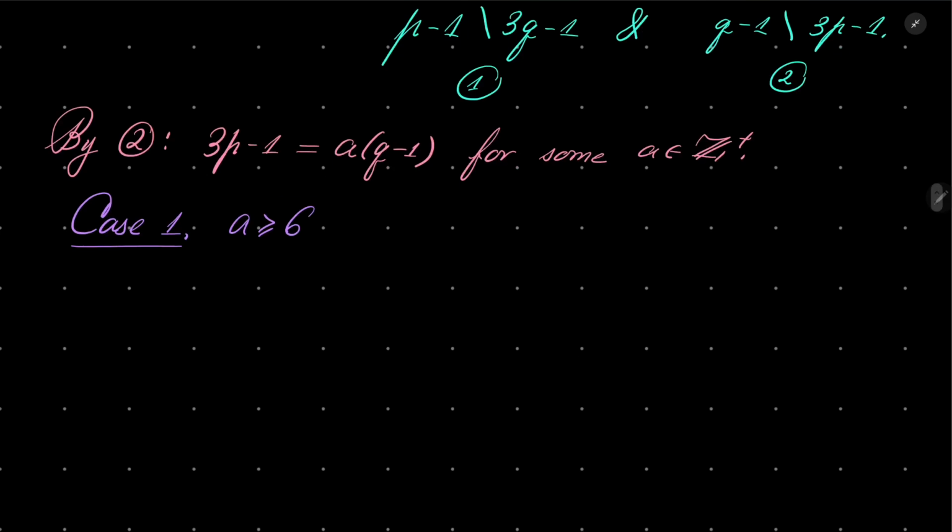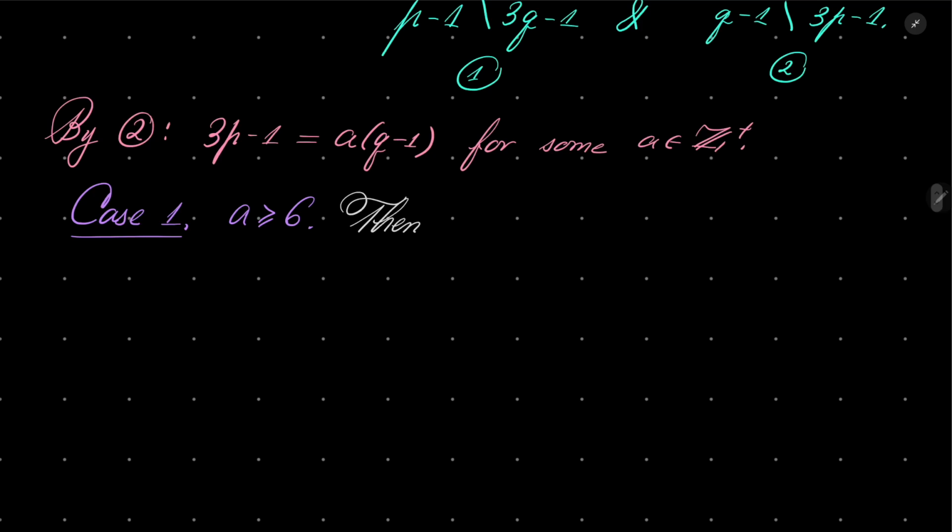Why is that? Let's take a look. We have a chain of inequalities. 3p minus 1 should be equal to a times q minus 1. But a is greater than or equal to 6.